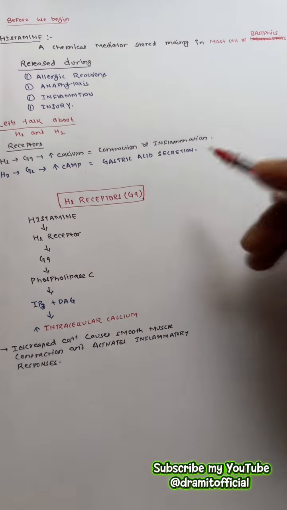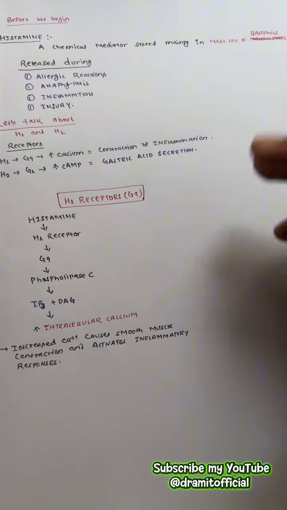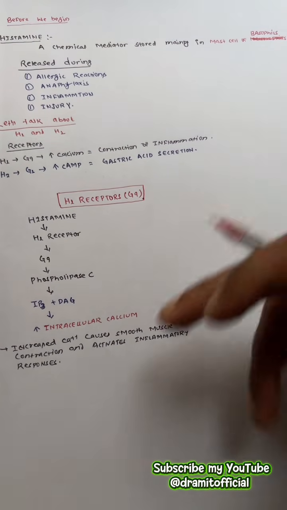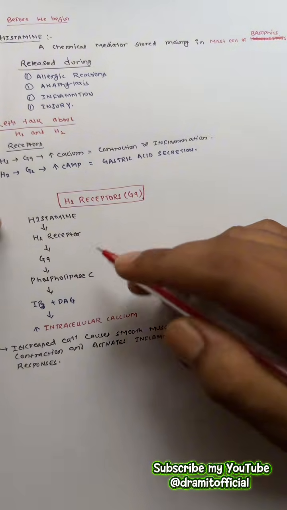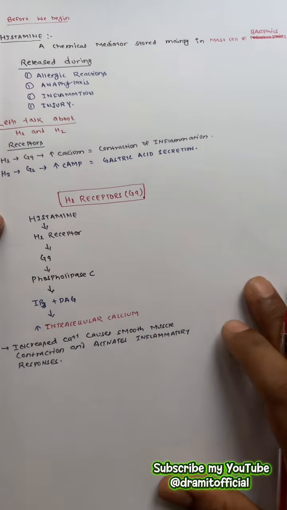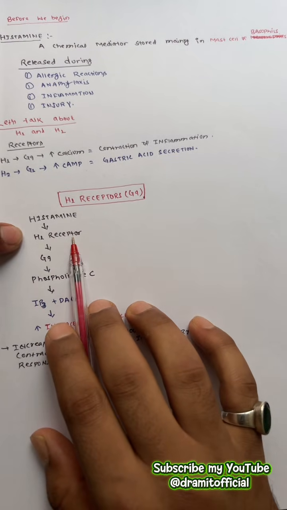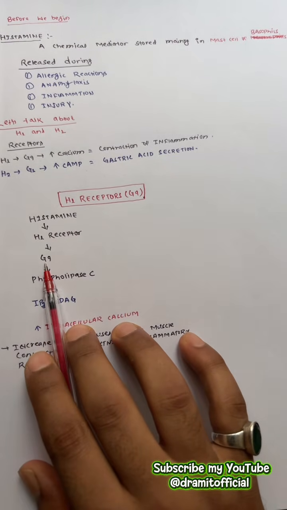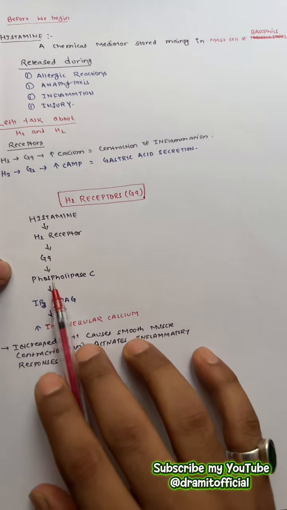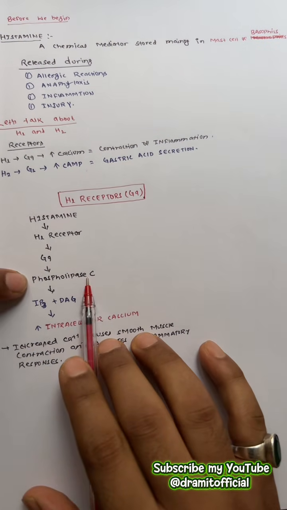We all know that H1 receptor is a G protein coupled receptor. Any G protein coupled receptor activates G protein, then it produces a secondary messenger, and that secondary messenger produces tissue responses in the respective organs. So when histamine is released in our body, it binds to the H1 receptor, then it activates the G protein, then phospholipase C increases.